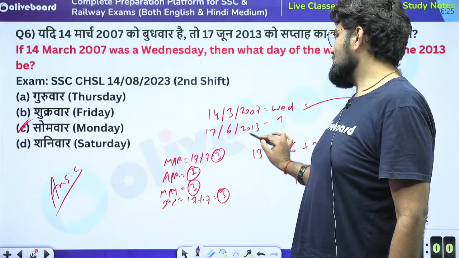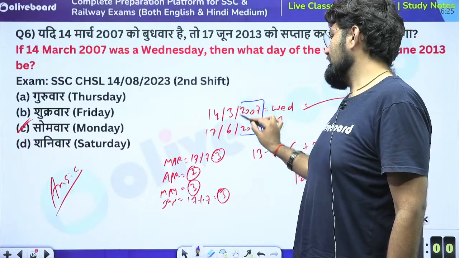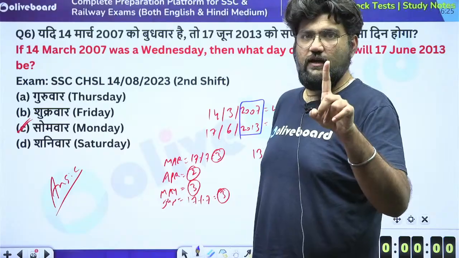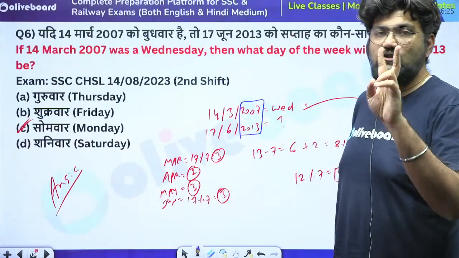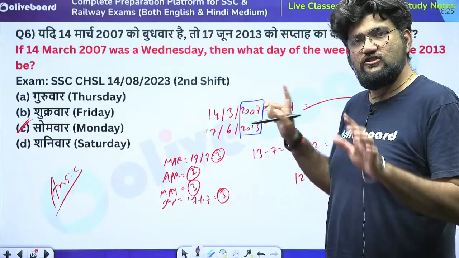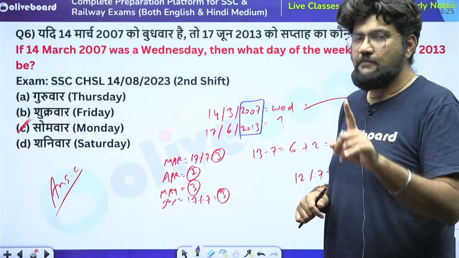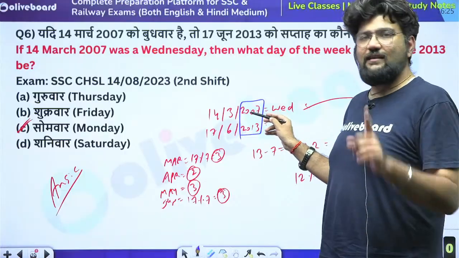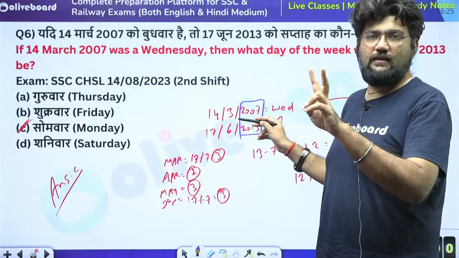So how we are counting it is, we are counting the number of years first. Why? Because every normal year has 1 odd day, okay? And every leap year has 2 odd days. So we see 13 minus 7, 6 years have passed. So each of these 6 years has 1 odd day definitely. Out of these 6, there will be some leap years also. So we have 2008 as a leap year and 2012 as another leap year in between.